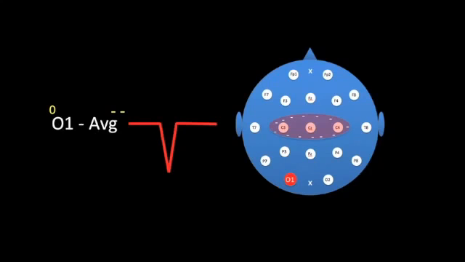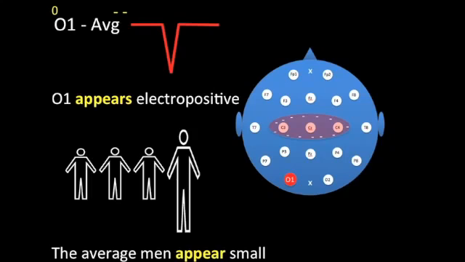Therefore, it will appear like O1 is positive with respect to the average of the rest of the head. O1 appearing electropositive is very similar to the average men in our previous example appearing small.